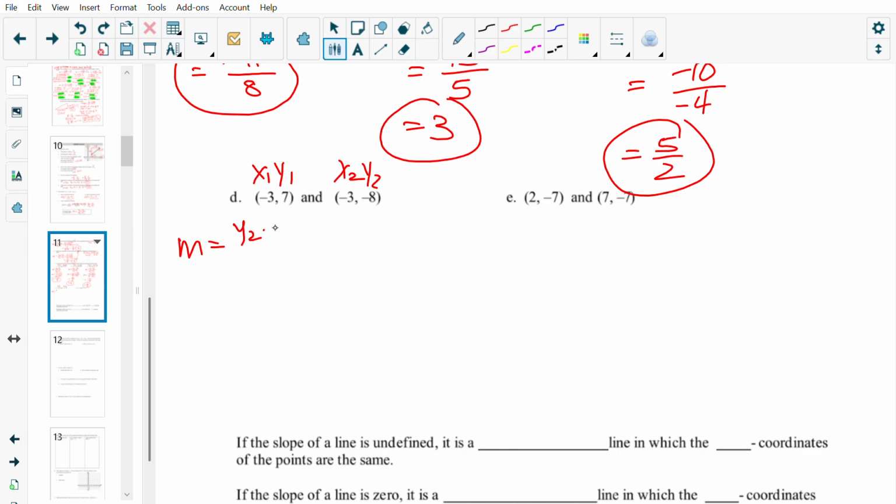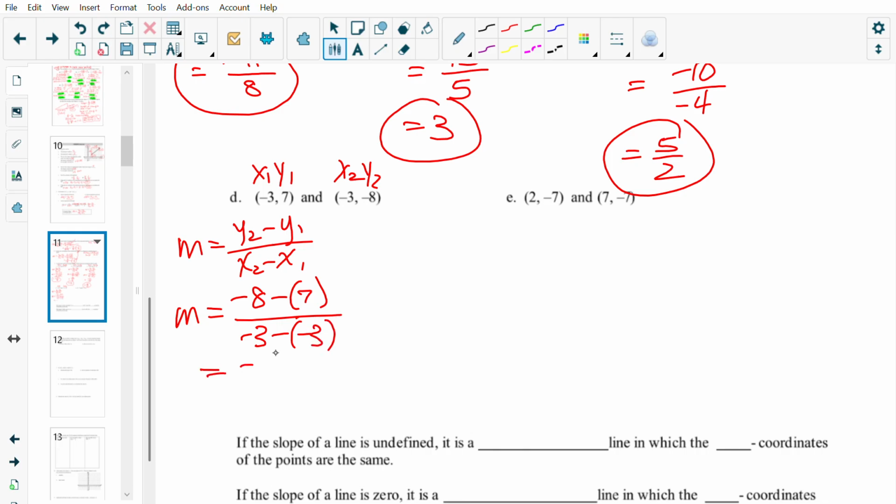And then here's the slope formula again. y2, negative 8 minus y1, 7, over x2, negative 2, minus x1, x2 is negative 3 minus x1, negative 3.